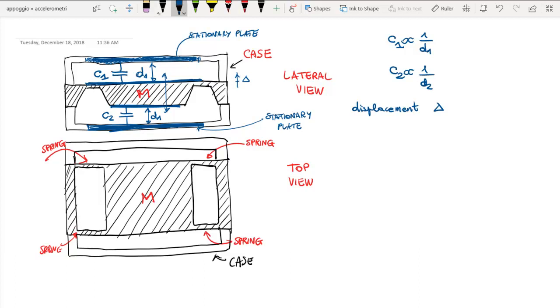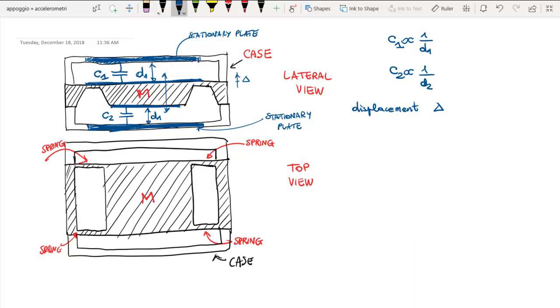This is the average displacement of the mass, because this means that the object is accelerating down. So this is relatively easy to understand. If I accelerate down the case, then the mass moves up, oscillating a bit.